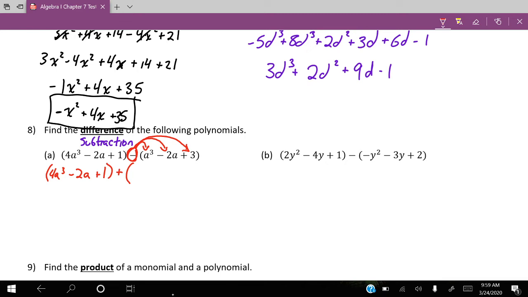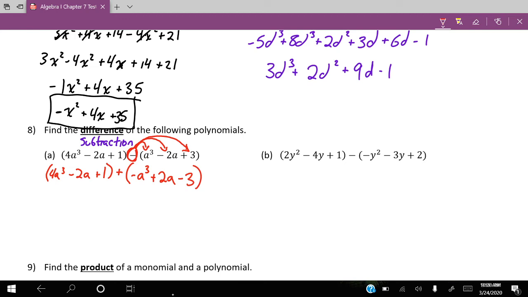But every sign in this second polynomial is going to change. So a cubed is now going to turn to a negative a cubed. A negative times a negative is actually positive, so it'll be a positive 2a. And then this positive 3 is going to turn into a negative 3.